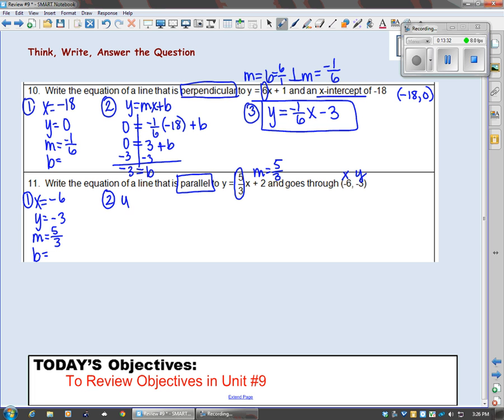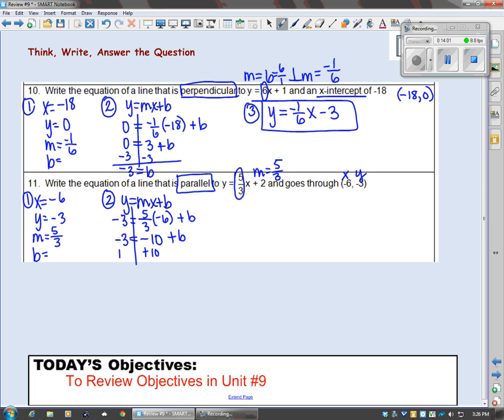Step 2, plug in to y equals mx plus b. In this case, y is negative 3, m is 5/3 times x, which is negative 6, plus b. So negative 3 equals, if you do not know what 5/3 times negative 6 is, your calculator does. It's negative 10.